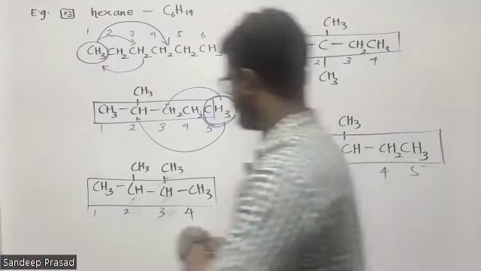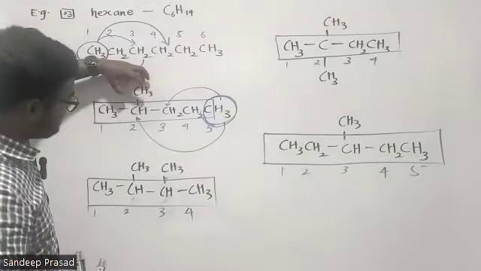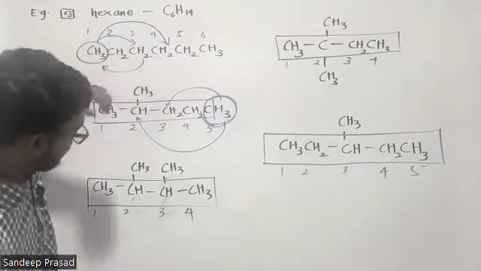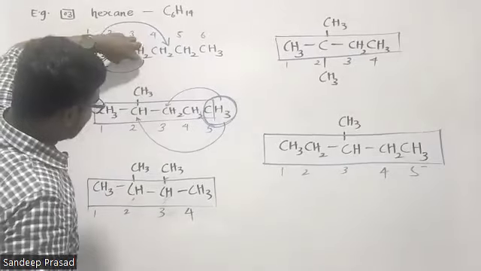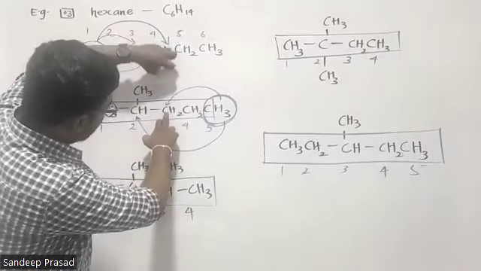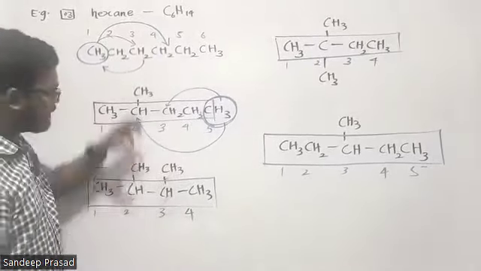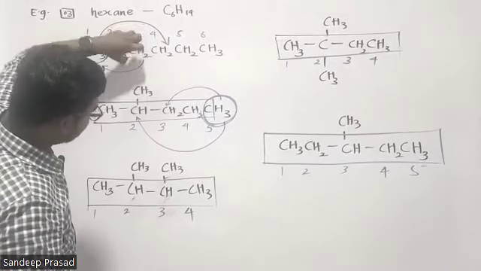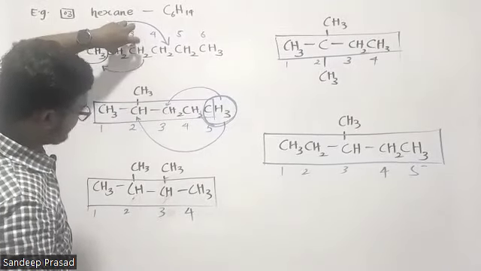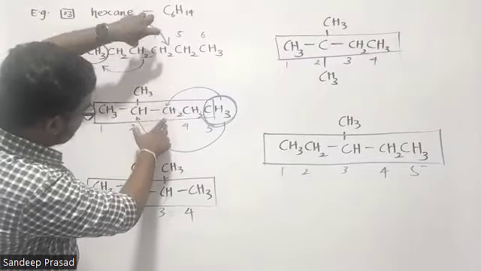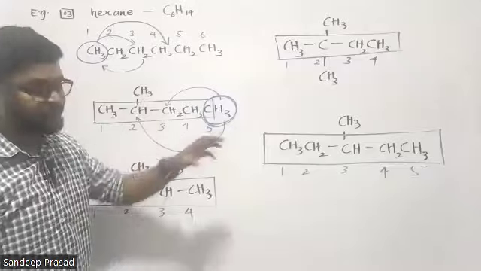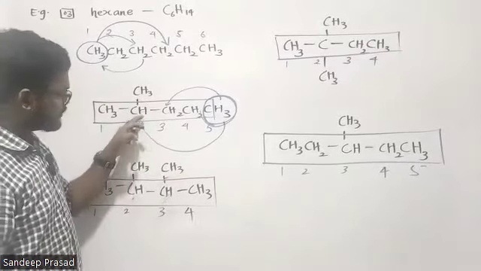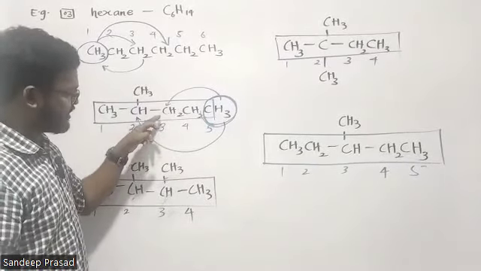Look at what I have done here. I have taken this one out and connected it to here. I have taken that one from the second carbon atom and connected it to the third carbon atom. These are known as position isomers. The position on the carbon chain has been changed.